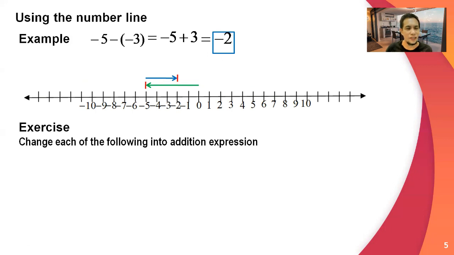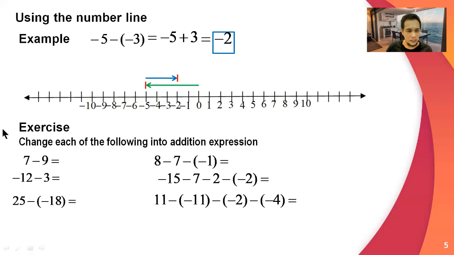Exercise. Change each of the following into an addition expression. There are 6 examples, all in subtraction form, so we will change them to addition expressions. 7 minus 9. How do you convert that? The answer is 7 plus, change positive to negative, so 7 plus -9.